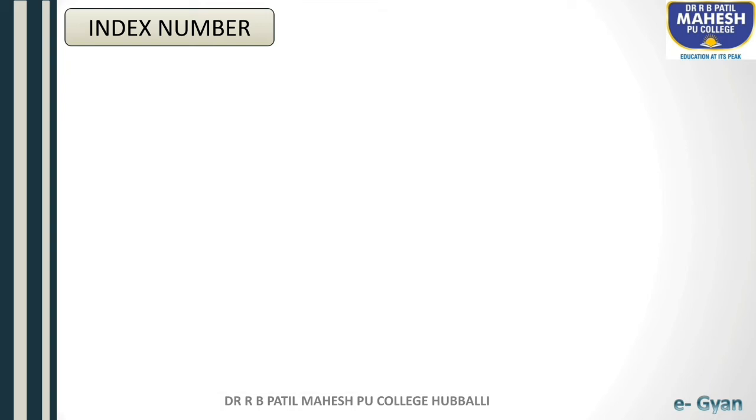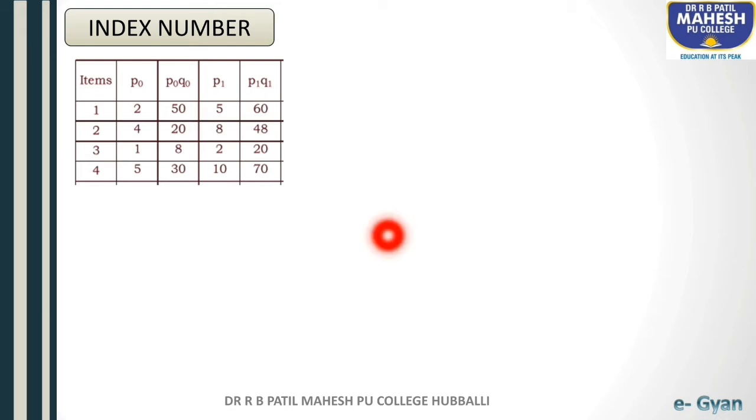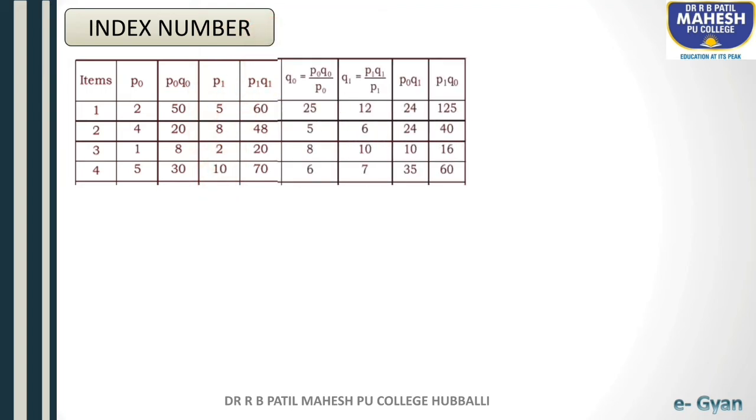So let us solve the example. First write the given things: base year price, then base year expenditure, which is nothing but P0 Q0. Then current year price and current year expenditure. Now we want base year quantity.